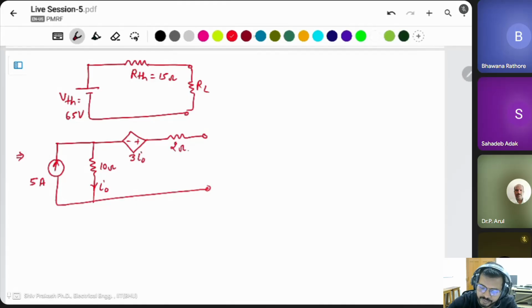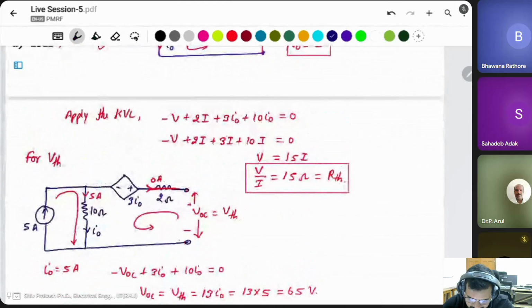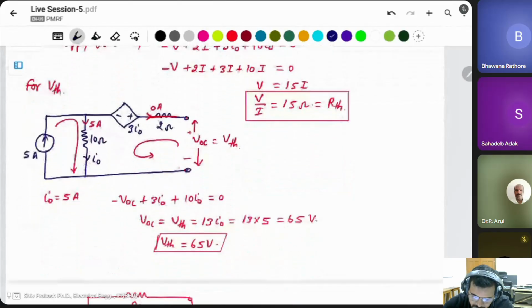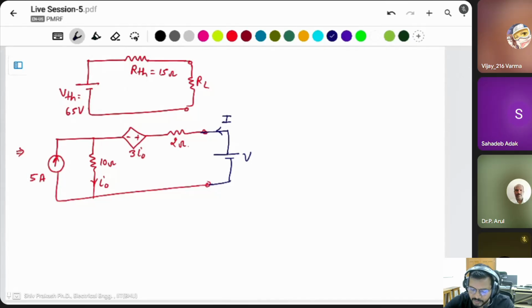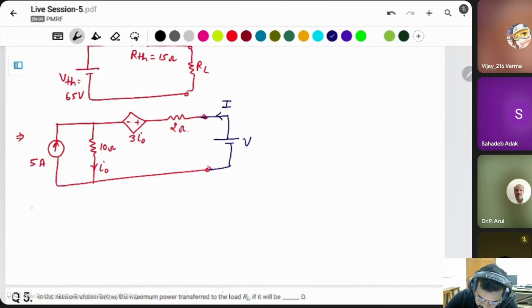This is 2 ohm. Same circuit. We have to find the RTH and VTH. Then don't remove the current source and voltage source. Simply apply a voltage source V and a current I. To find this type of question, Thevenin or Norton's, simply apply V and I and don't remove the voltage and current sources. Then find the voltage V and I.